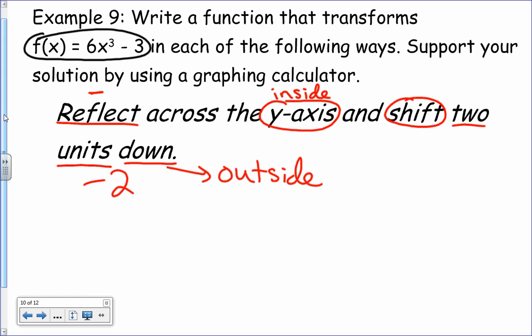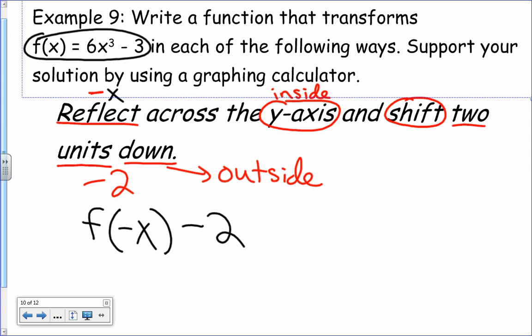So on the inside, I need a negative, basically a -x. And on the outside, I need a -2. Inside, I have -x, so I'll have f of -x. And on the outside, I would subtract 2. Those are the 2 things I want to do to my original function.